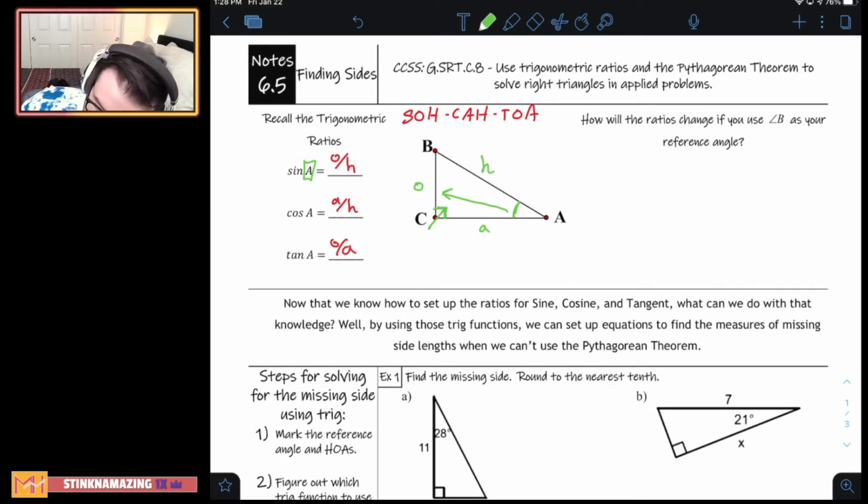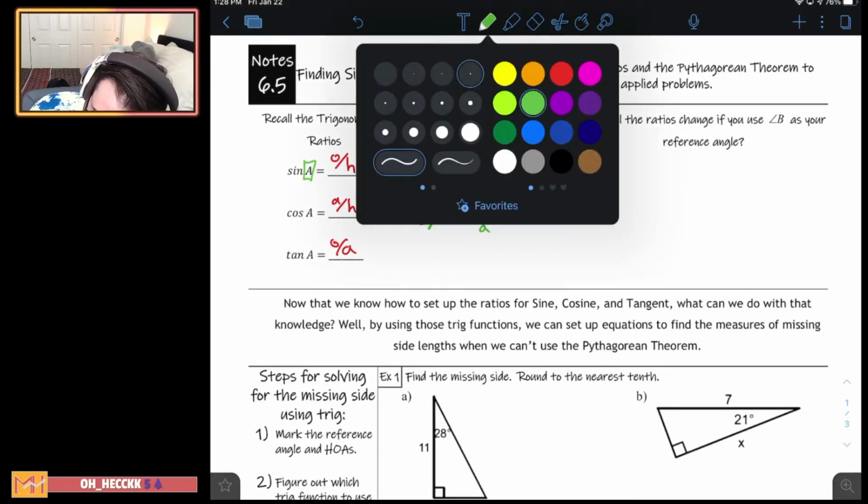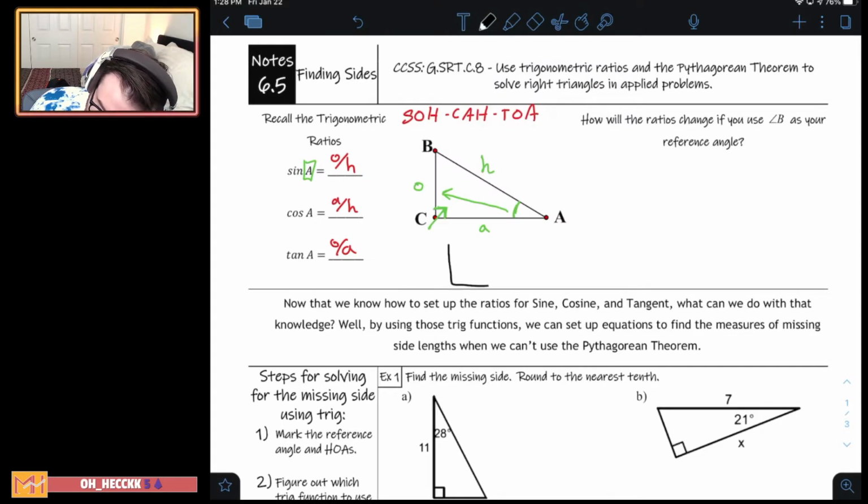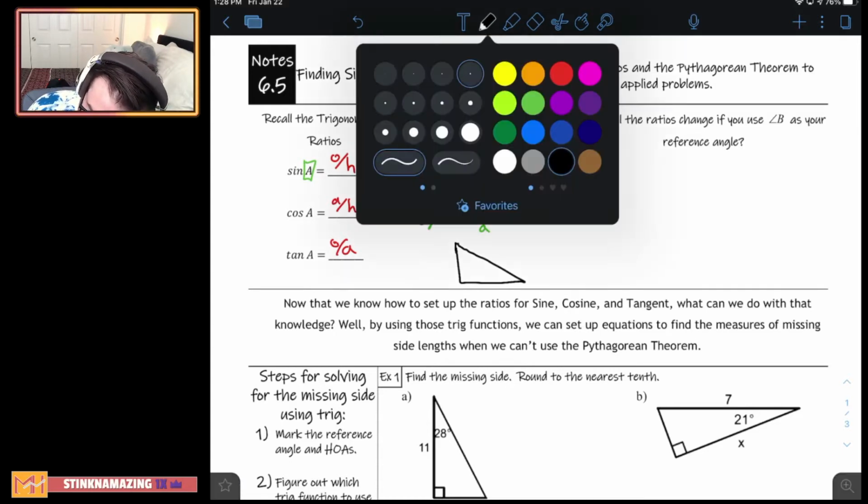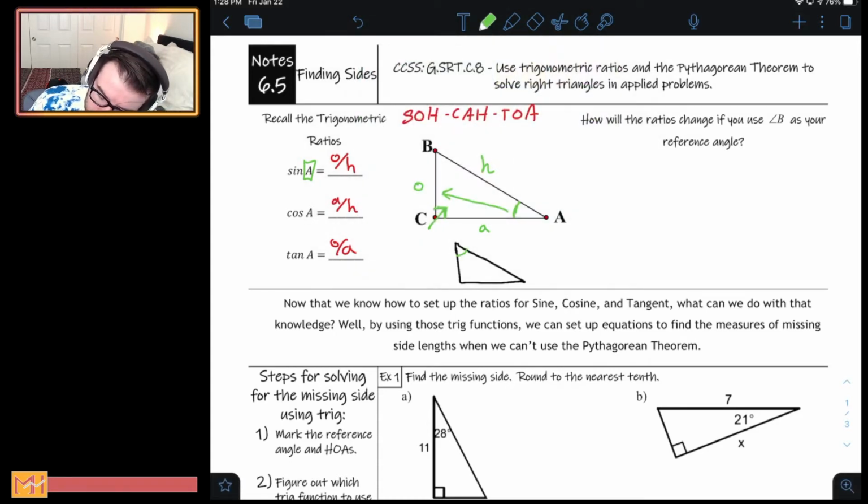And let's answer this question off to the side. How will the ratios change if you use angle B as your reference angle? Well, let me redraw the triangle a little smaller here so that it fits. But here's angle B. This side is now the opposite.